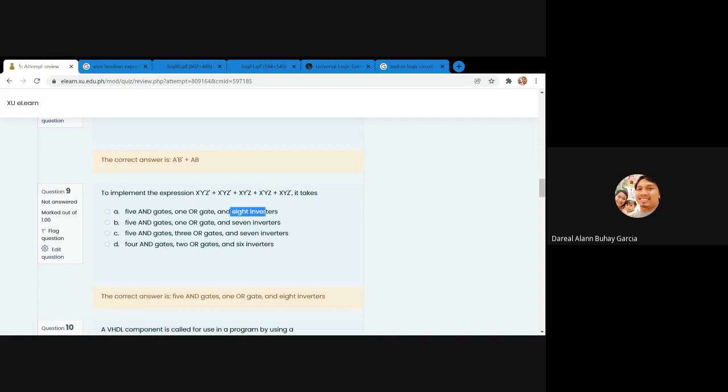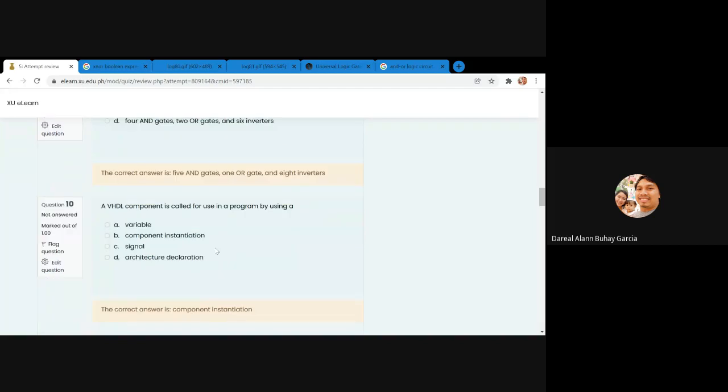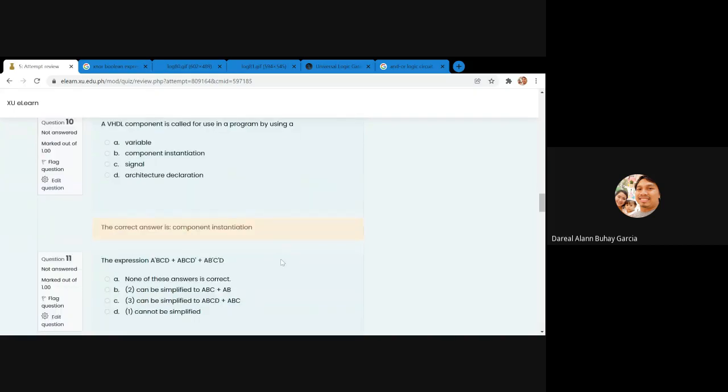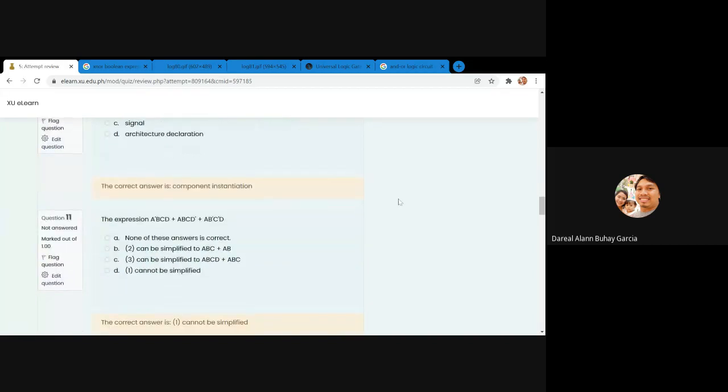Pero kaya lagi ni tulo ka inverters kay dito nato ibutang sa input side. So, sige lang, ato na lang siya pagbigyan ang answer. 8 inverters. VHDL component, alam talaga VHDL. Kani, the expression, this one, cannot be simplified.